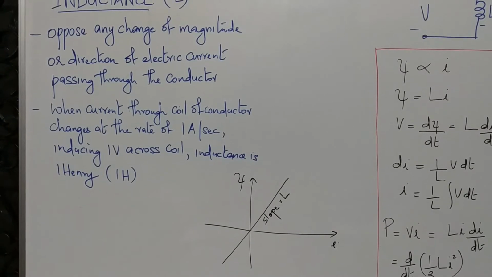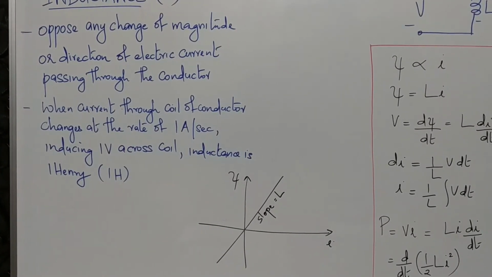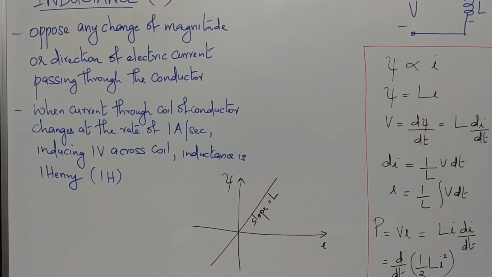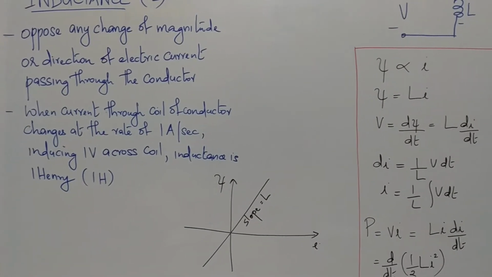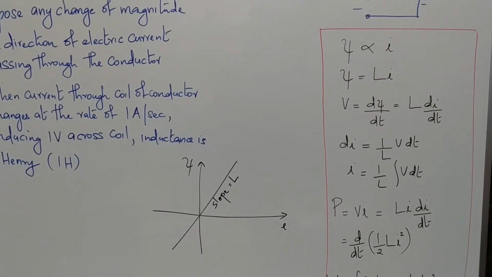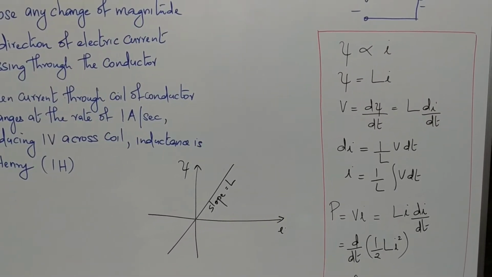Okay. So, when a time varying current is flowing through a coil, a time varying magnetic flux will be produced. So, this flux is denoted by psi. Now, this total flux produced in the coil will be proportional to the current flowing through the coil.